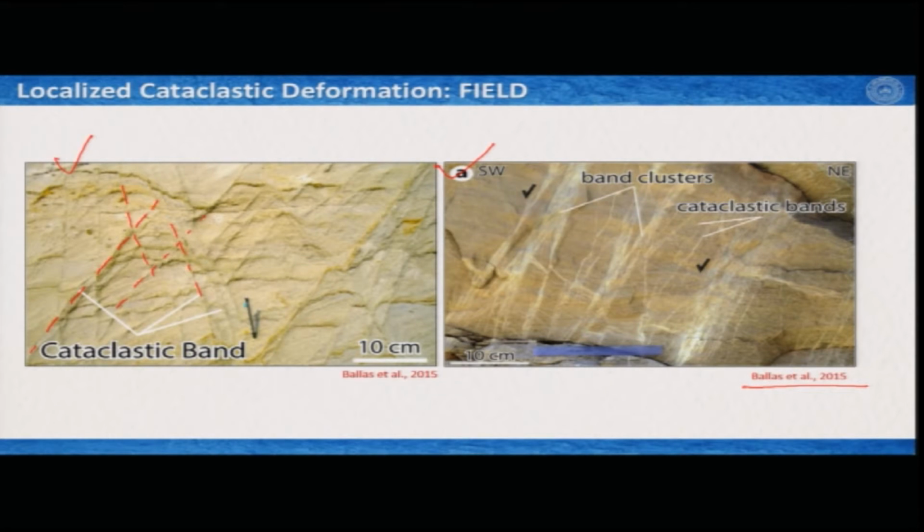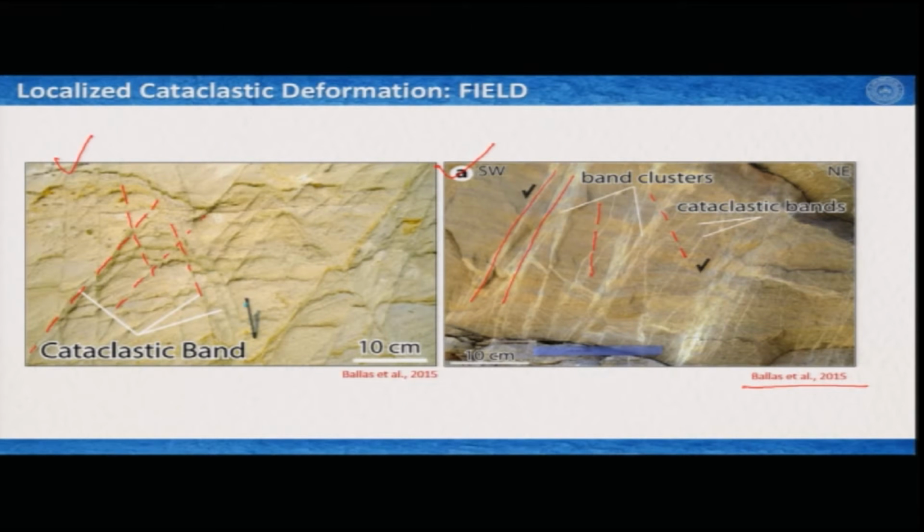We will see the microstructure of this soon. In this case as well, you can see that dominantly one set is there going like this, and at the same time we have one very weakly developed other set, but it is at an angle with the previous one.